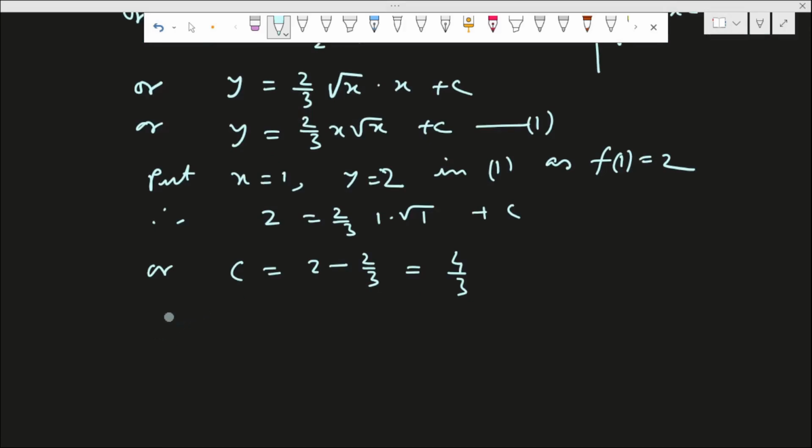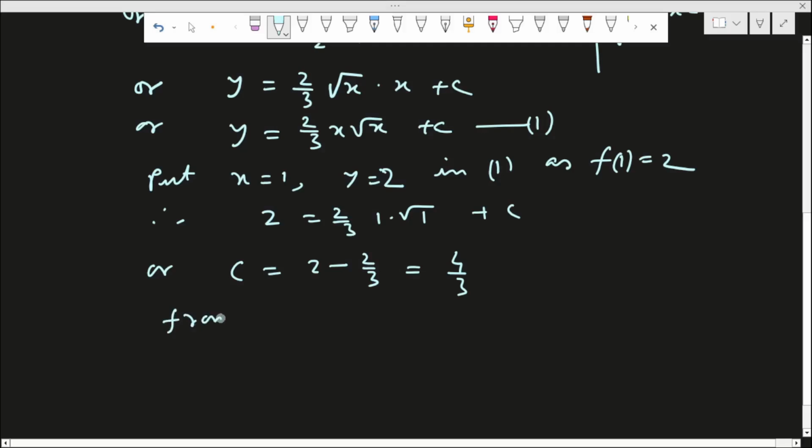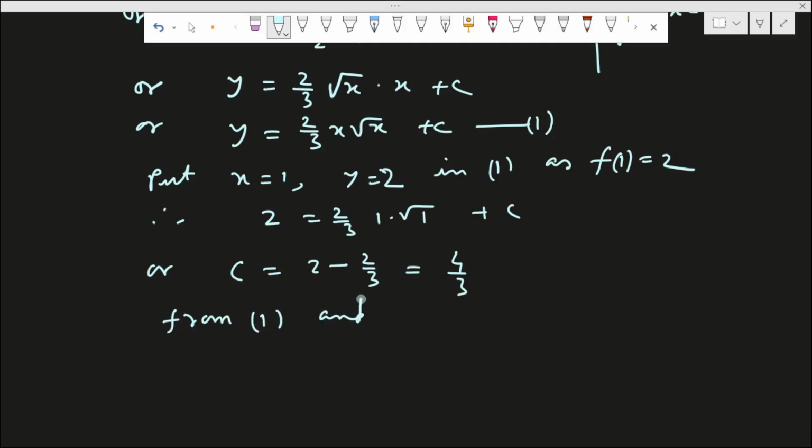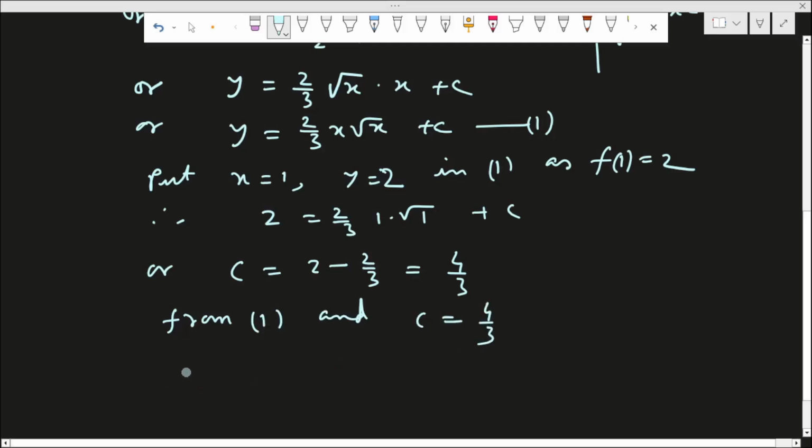So from 1 and c is equal to 4 by 3, what do we have? y is equal to 2 by 3 x root x plus 4 by 3.